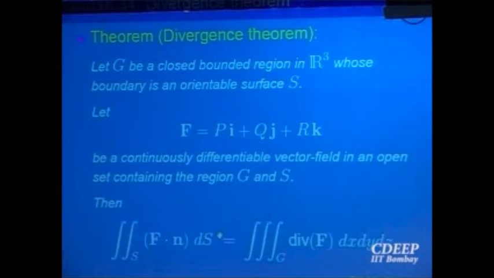It says that the surface integral of F dot n of this vector field F is equal to the triple integral over the region G enclosed by S of the divergence of F dx dy dz. Same thing, Green's theorem in R3. This is called the divergence theorem.